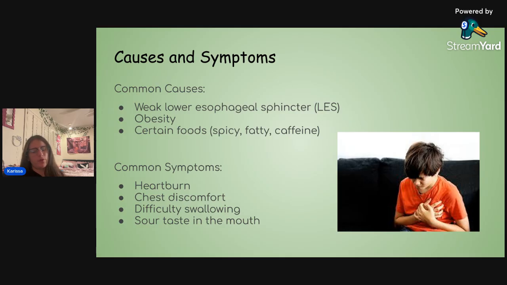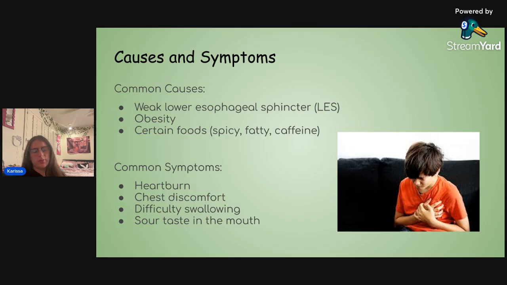And there are certain foods that often cause it too, such as spicy, fatty, and foods or drinks with caffeine. And I notice this too, whenever I have some of these caffeinated drinks or spicy foods or foods that are rich in fats, I often get some heartburn from eating foods like that.